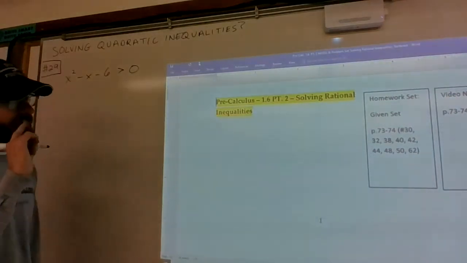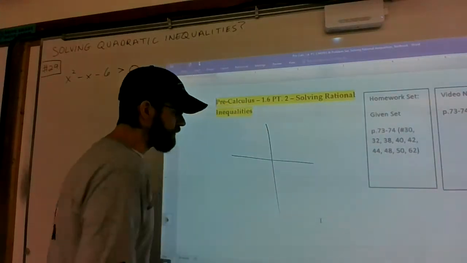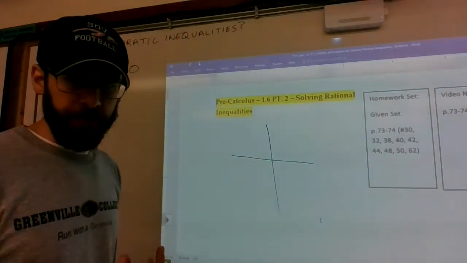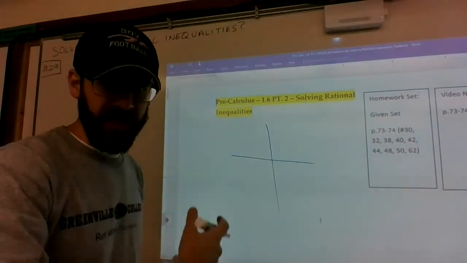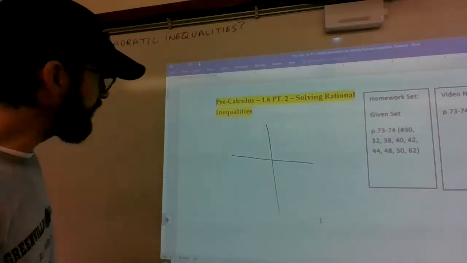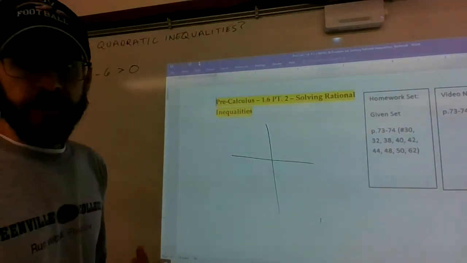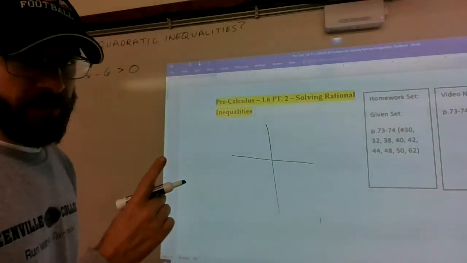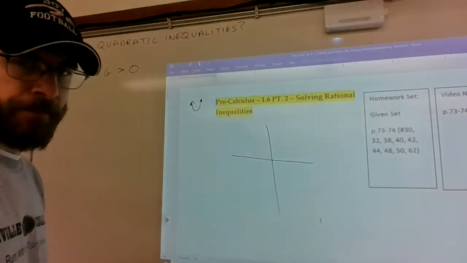But I think what I want to do is show you how a graphing approach at least gives you some perspective on how the calculations will come about. When you think about x squared minus x minus 6, you should be thinking, that's a parabola, one of these U-shaped figures.